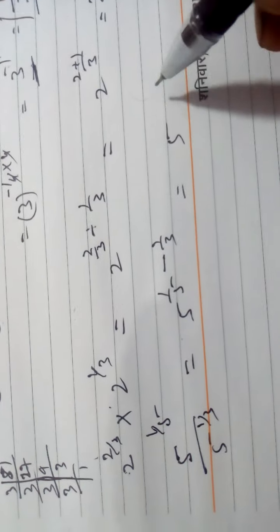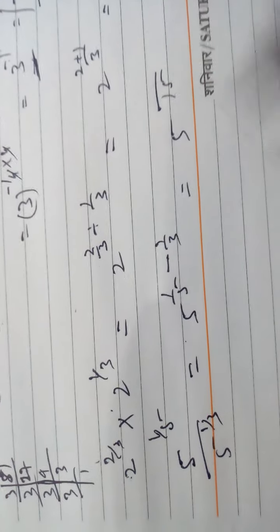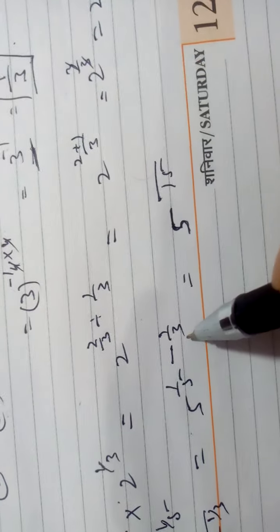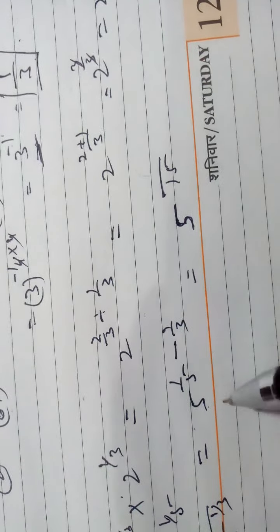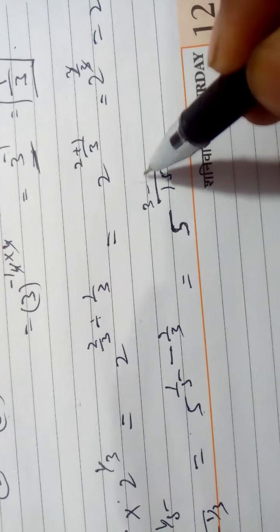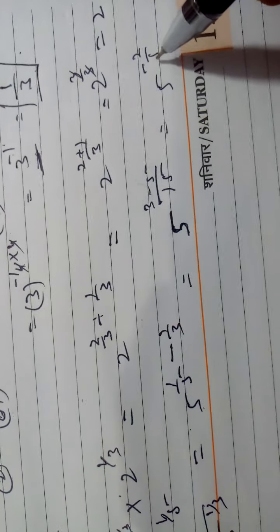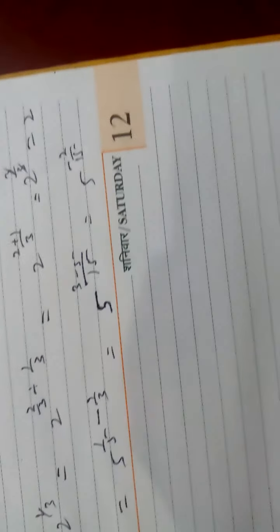The LCM of 5 and 3 is 15. In the power, keep in mind the smaller power is subtracted from the bigger, so 3 minus 5, what are you getting? 5 power minus 2 by 15. This is your simplification. If you want it in positive, then you write 1 upon 5 power 2 by 15.